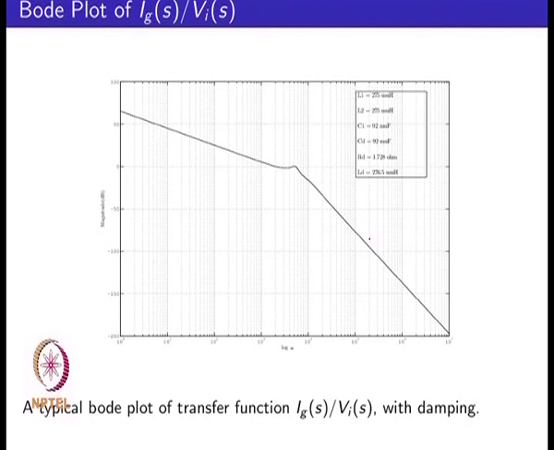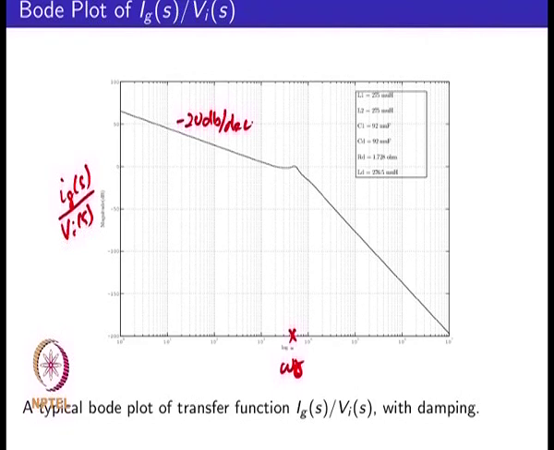You can then take a look at a typical magnitude response plot of the grid current injection divided by the inverter side voltage. So essentially you are looking at the transfer function Ig(s) divided by Vi(s), and you are looking at the Bode plot. If you look at the low frequencies below your resonant frequency, your attenuation corresponds to minus 20 dB per decade.